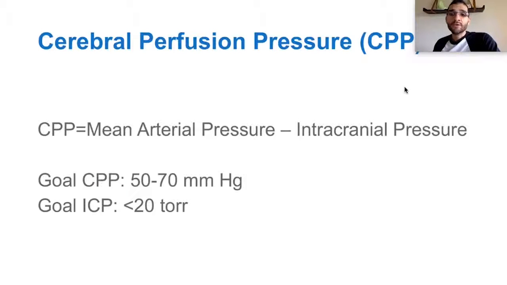The normal intracranial pressure is 5 to 15 millimeters of mercury, or torr, when you are supine. One thing to remember is the conversion of torr to centimeters of water. 7 millimeters of mercury or torr is about 10 centimeters of water.